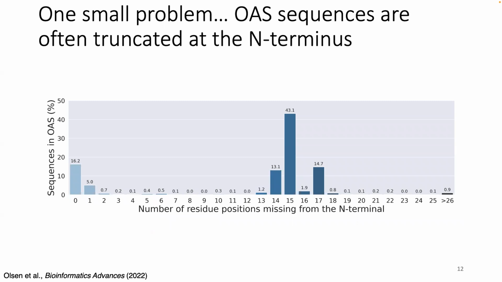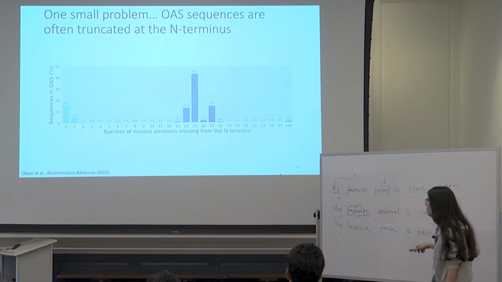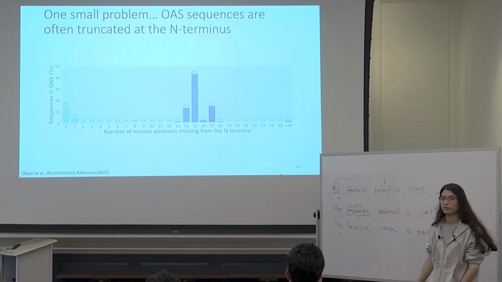So based on the sequences in OAS, which is once again where we have the data used for training, the number of residues that are missing from the N terminal is going to have some influence as to what is learnable. So this was a problem for continuing with this model in the beginning, because you had to figure out, well, let's say around 16.2% of sequences starting here were missing the first residue.